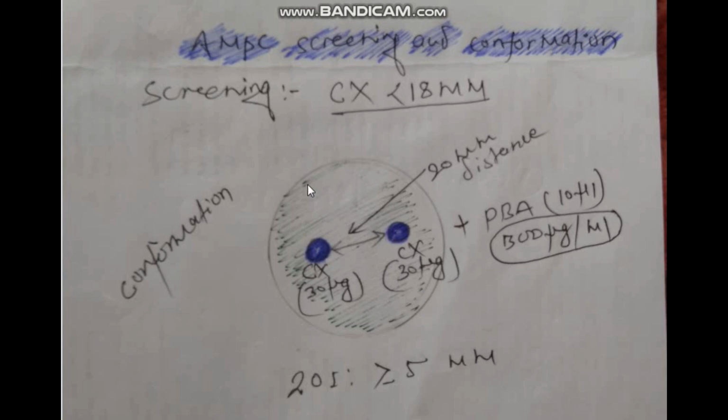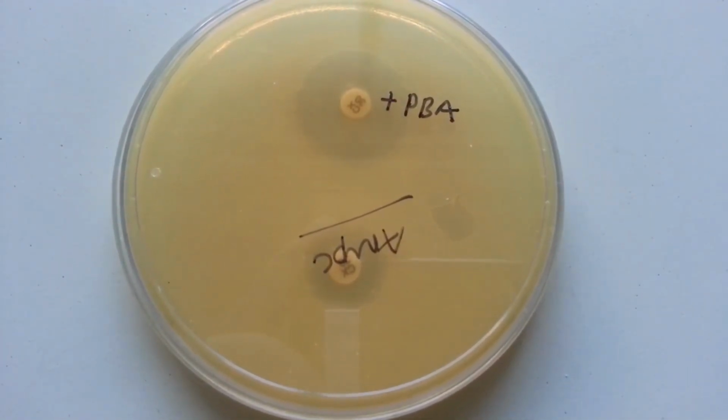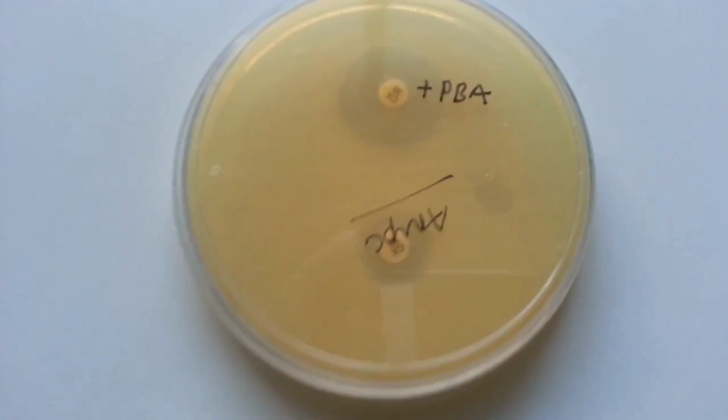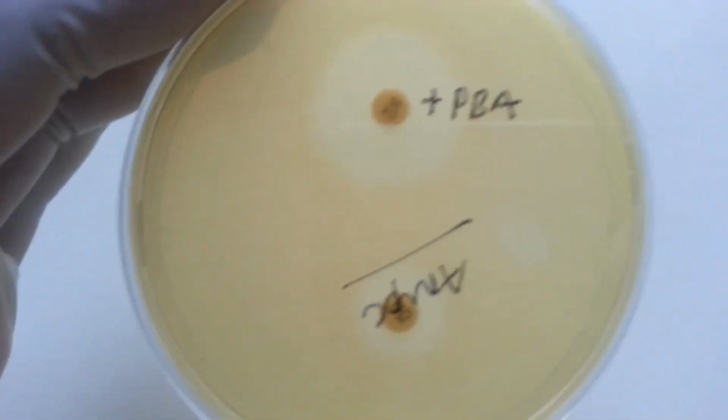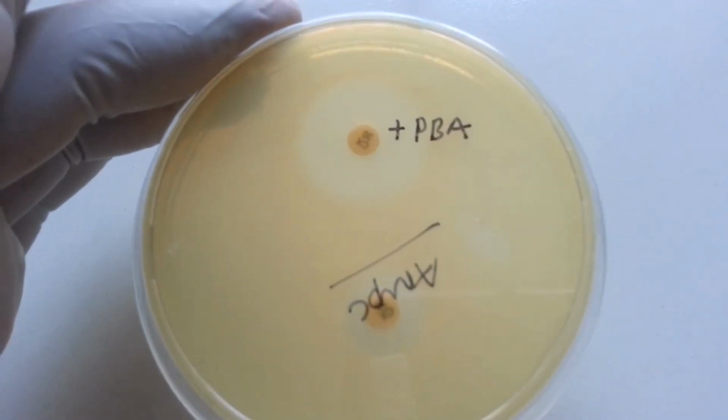After overnight incubation, the zone of inhibition of the combination drug is equal or greater than 5 millimeter than that of cefoxitin. The isolate is an AmpC producer. So here you can see, the isolate is an AmpC producer.